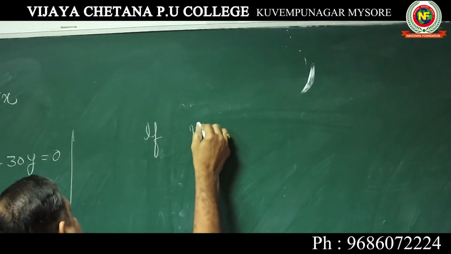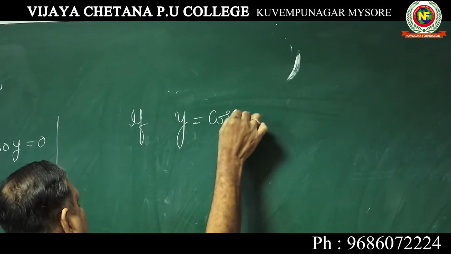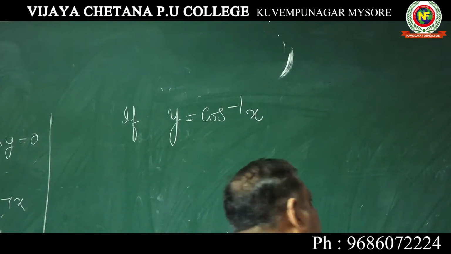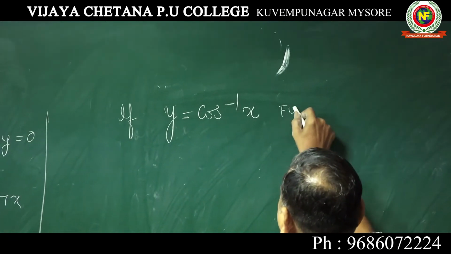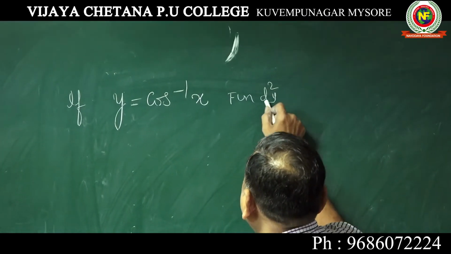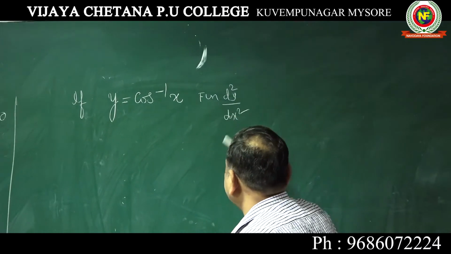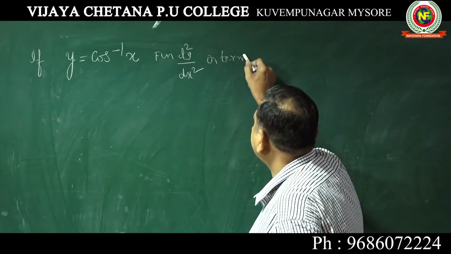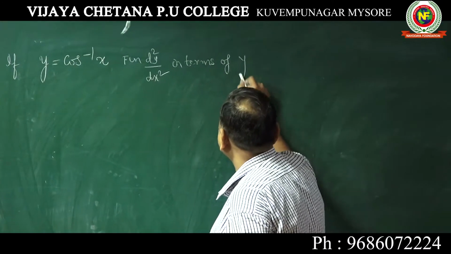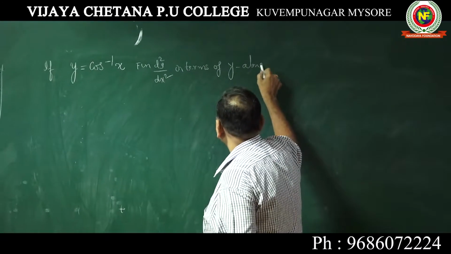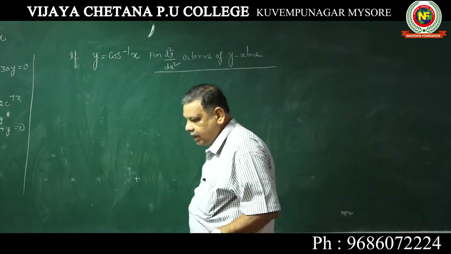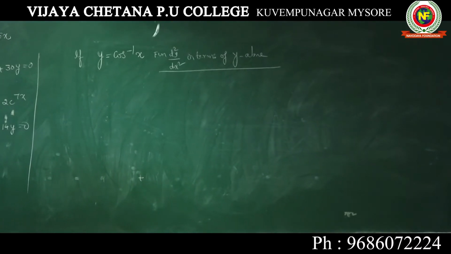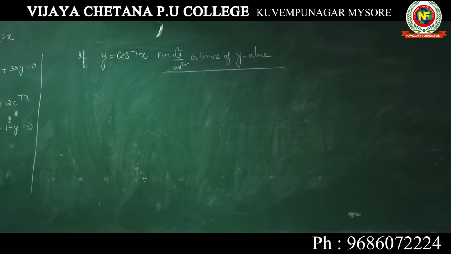Okay, y is equal to cos inverse x. If y is equal to cos inverse x, find d square y over dx square, that is the second derivative, in terms of y alone. Please underline it: find d square y over dx square in terms of y alone.